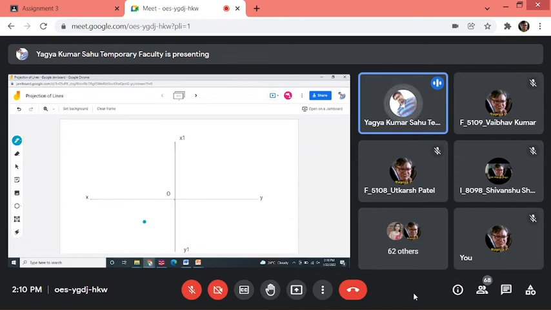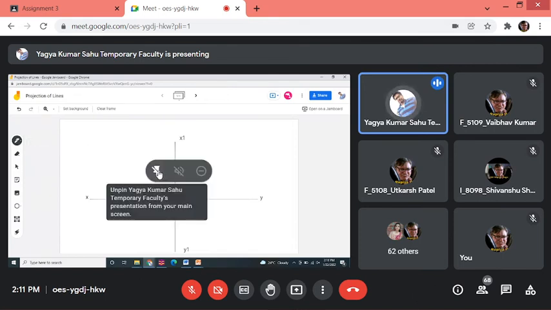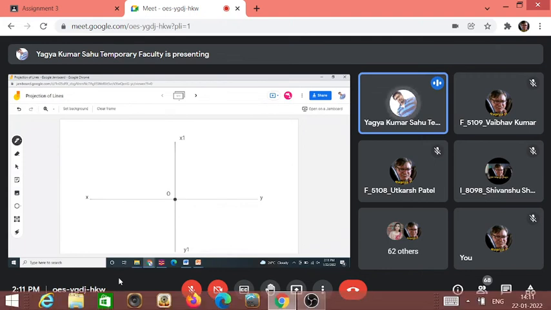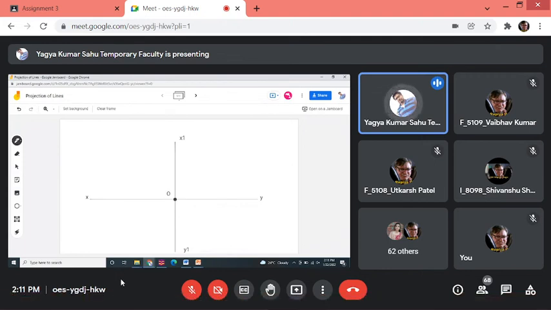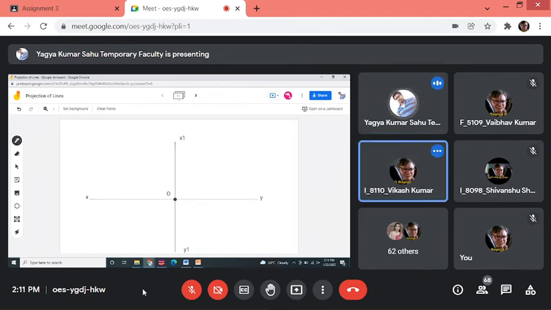From here, what will be the distance of the side view? The distance of the side view from this particular point will be 70 mm. And what about the angle, if it is equidistant from both HP and VP? 45 degree, very good.